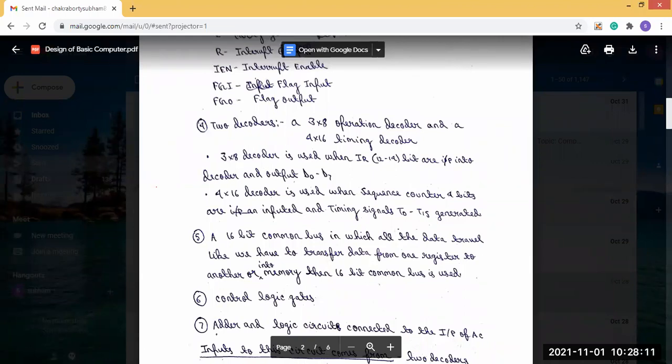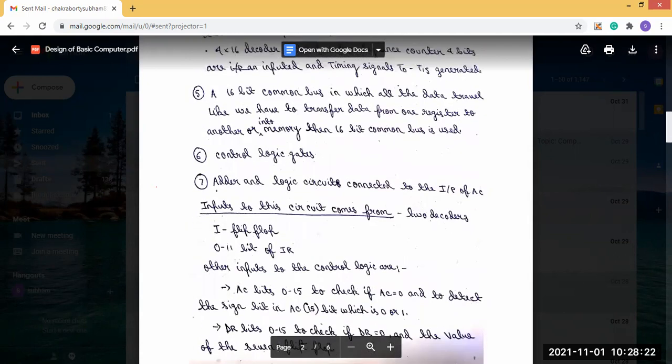And control logic gates are also necessary, and an adder and logic circuit connected to the input of the accumulator is also necessary. Now, what is the input to this circuit? We have already seen that the input comes from bits 0 to 11 of the instructions register, and from bits 12 to 14. What are those bits 12 to 14?